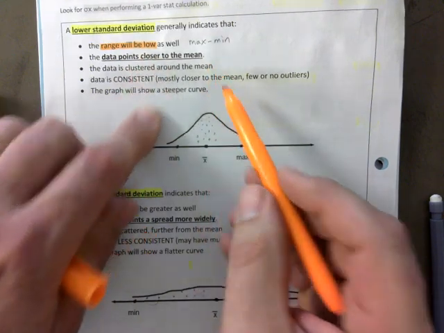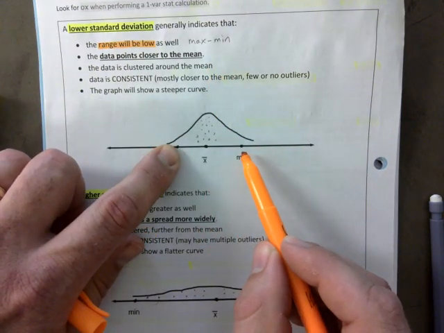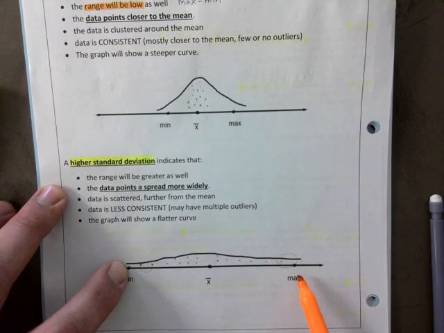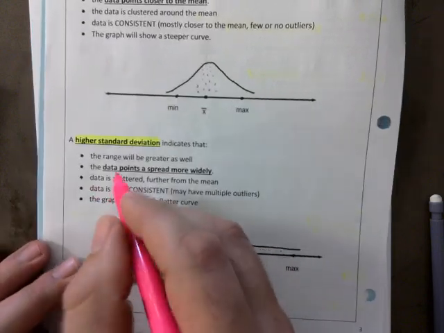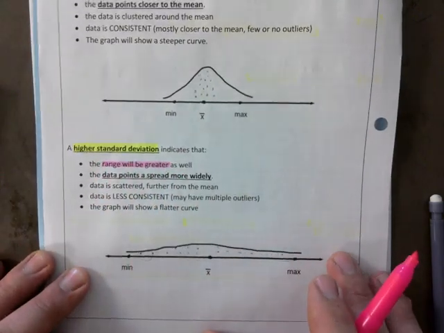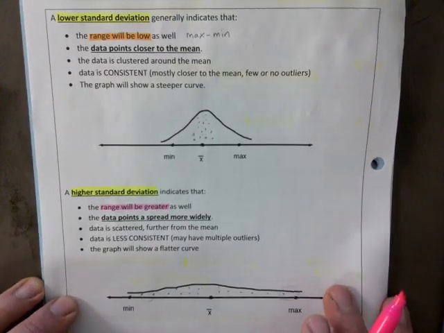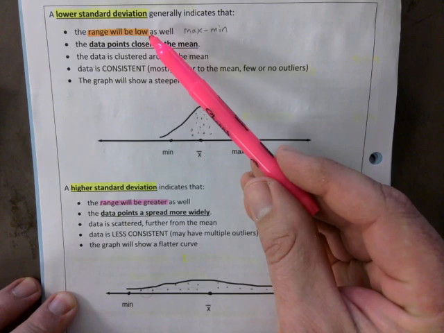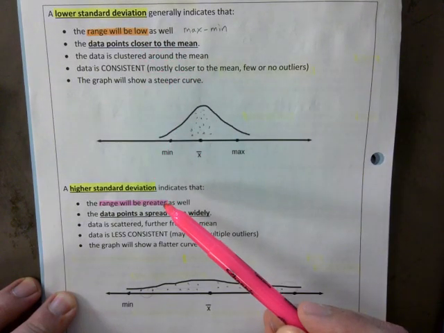So the range will be small as well compared to the one below here. The range is going to be a bigger number. So I'm going to use a different highlighter for the range will be greater. So here, range is low, range is greater, right?